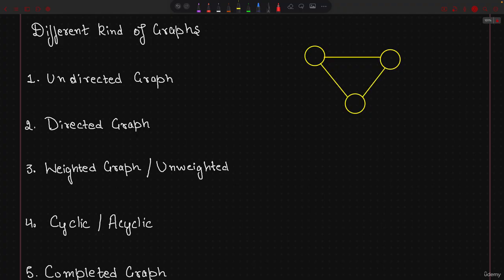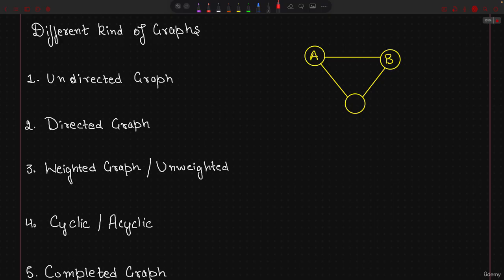Let's say if it is like this, all the edges are bidirectional. That is, they don't have any direction. If it is A and B, you can go from A to B and come back from B to A as well. So this kind of graph where no directions are there on edges is known as an undirected graph.